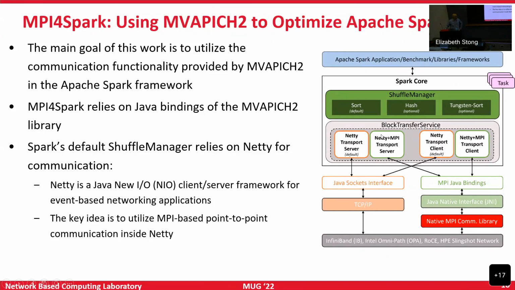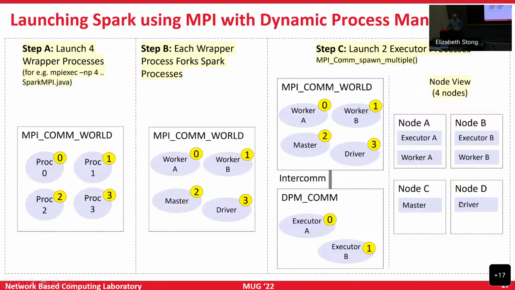Our approach here was that we went with Netty plus MPI transport service. We wrote a new transport server and a new transport client, and they use our own Java bindings that work on top of MUG'22 using the Java native interface. And this is how we are dealing with this first challenge of launching Spark using MPI.